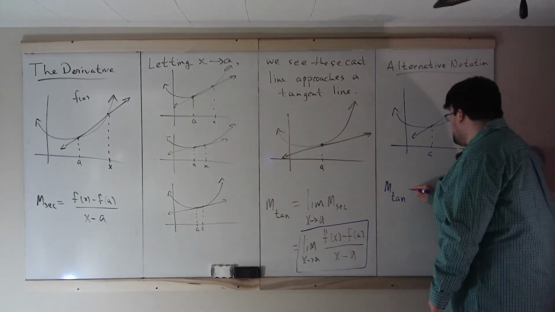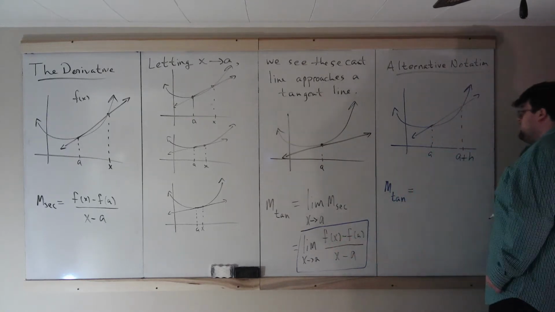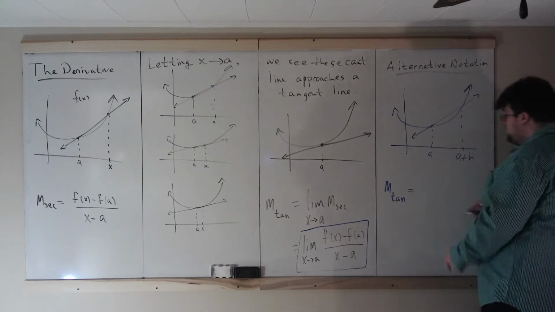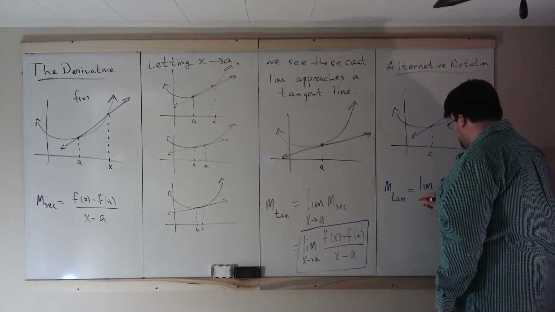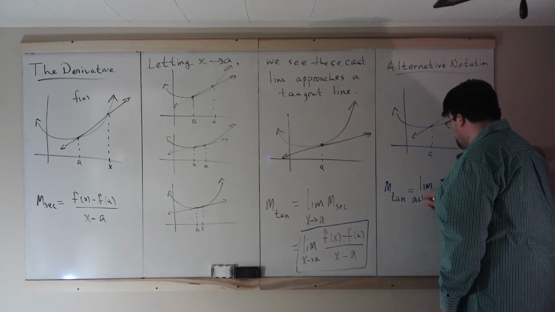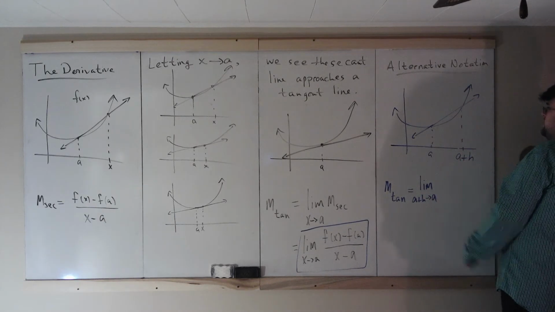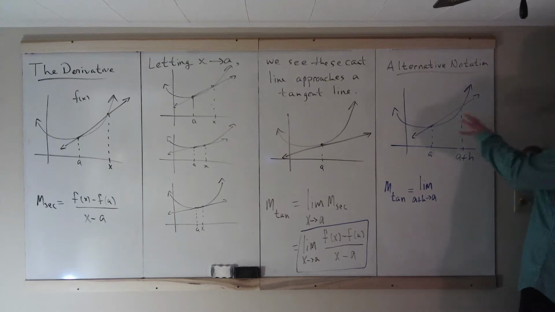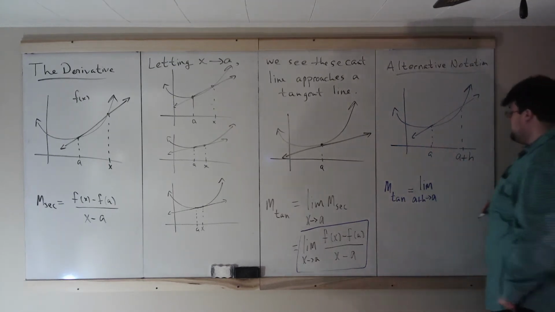So the slope of the tangent line would then be, using this equation, the limit, is that going to fit here? Yeah, it should fit here. As A plus h approaches A, so the slope of the tangent line, we're still going to define it using slopes of secant lines and then taking the limit, in this case, as A plus h goes back to A. Of what?